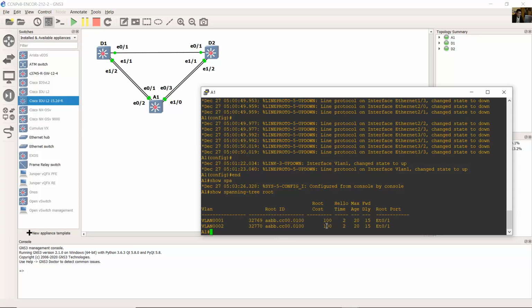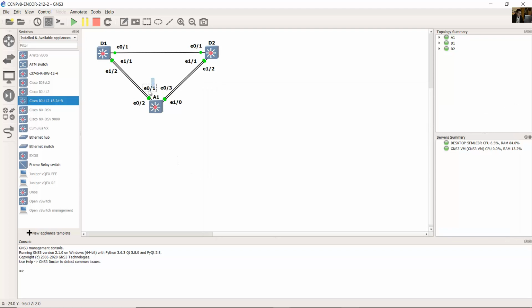And the root cost is 100 in my case, and using Ethernet 01. Okay, this port Ethernet 01. So maybe D1 is the root bridge. Okay, maybe.